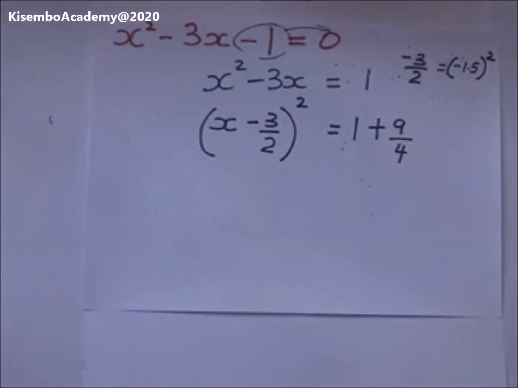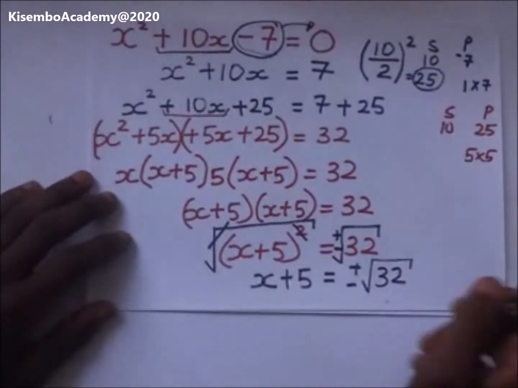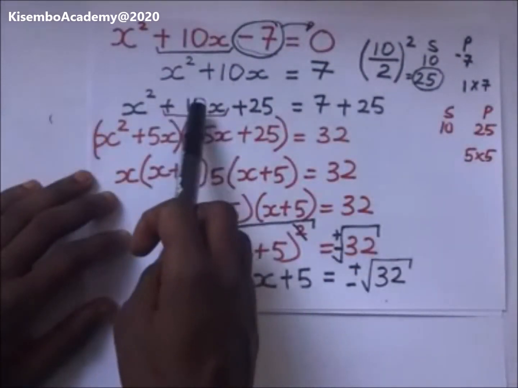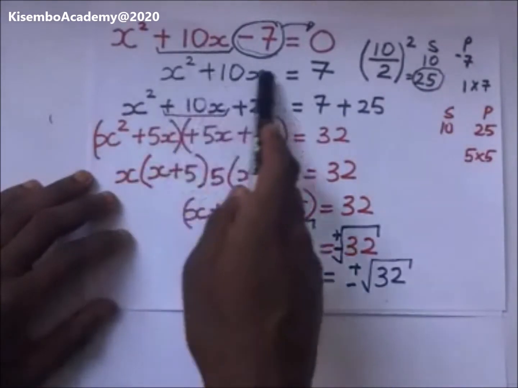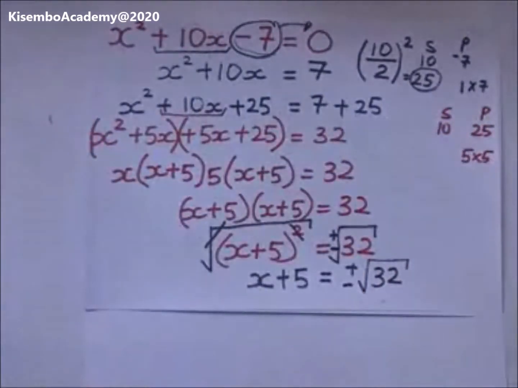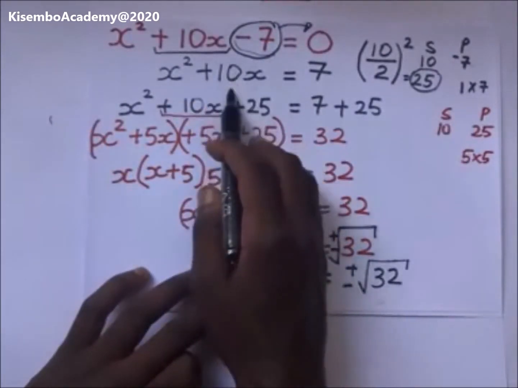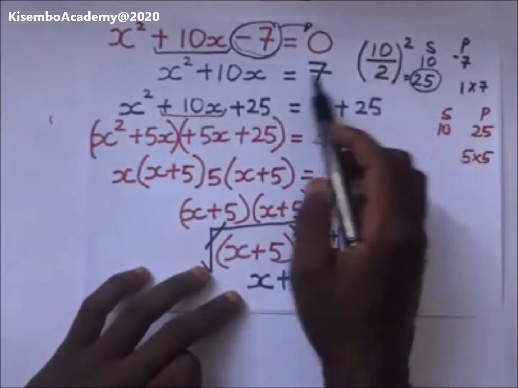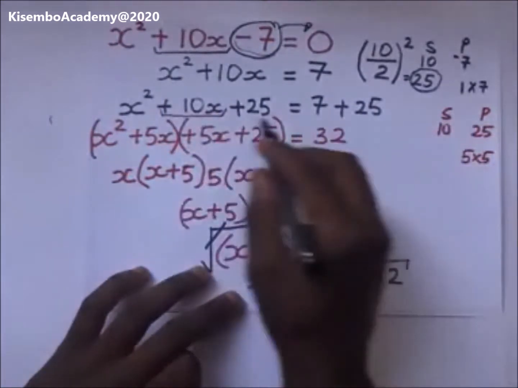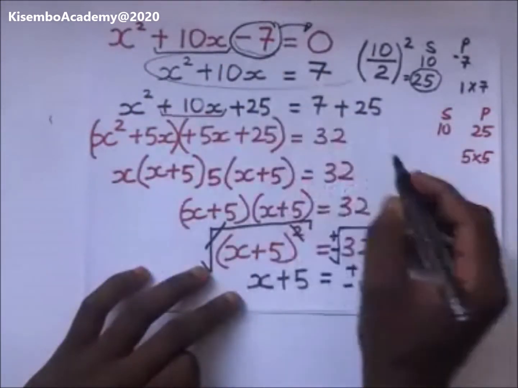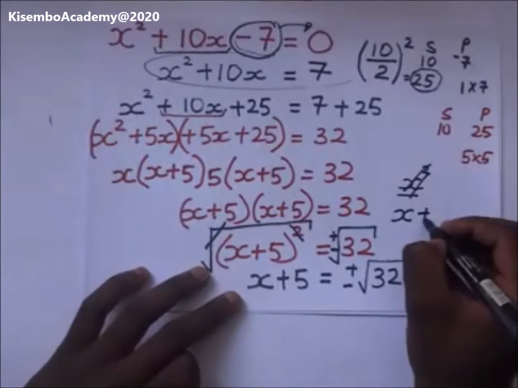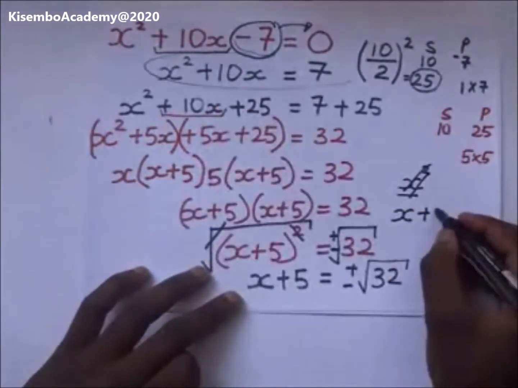I want to relate this to some of the numbers we did before. If you look at this number here, if we were at this level, it would simply have been, from that level, 10 divided by 2. What is 10 divided by 2? It is 5. So it would simply come from this level, we would say it's going to be x plus 10 divided by 2 is 5.